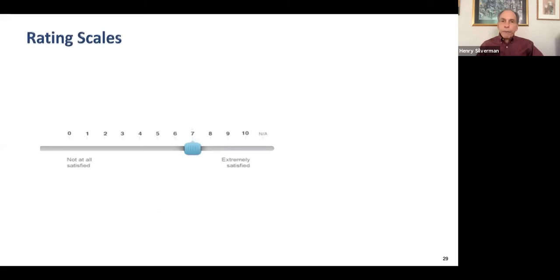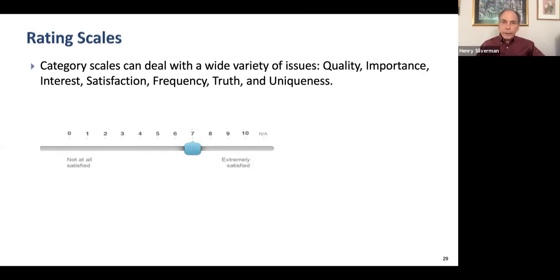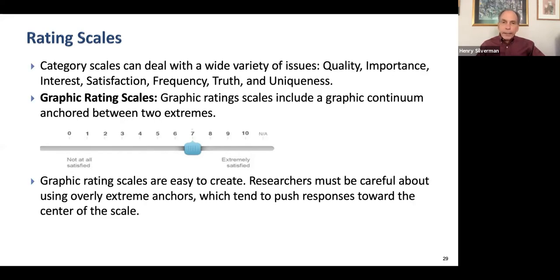So now you have rating scales where you have on the left side, not at all satisfied, extremely satisfied. And this is a slider mechanism where the person would slide to how greatly they were extremely satisfied or not at all satisfied.